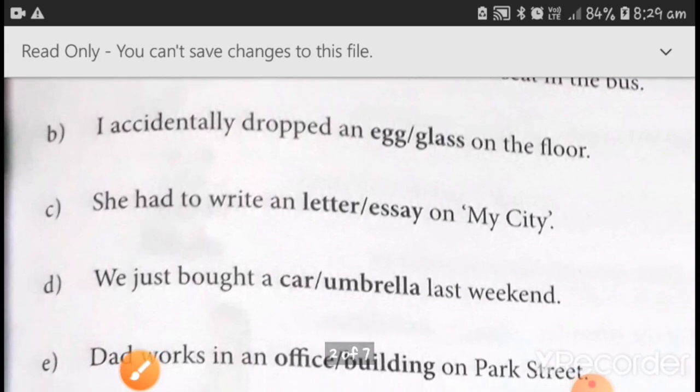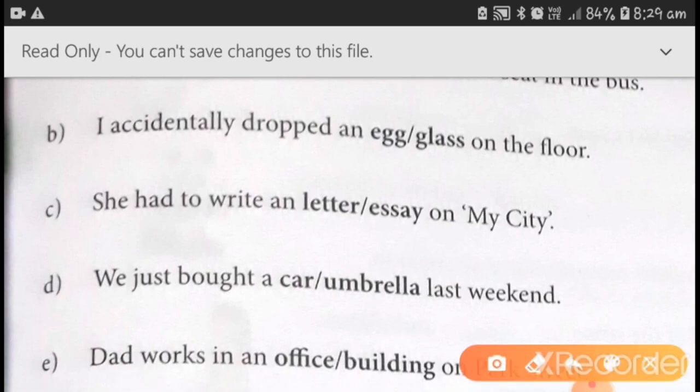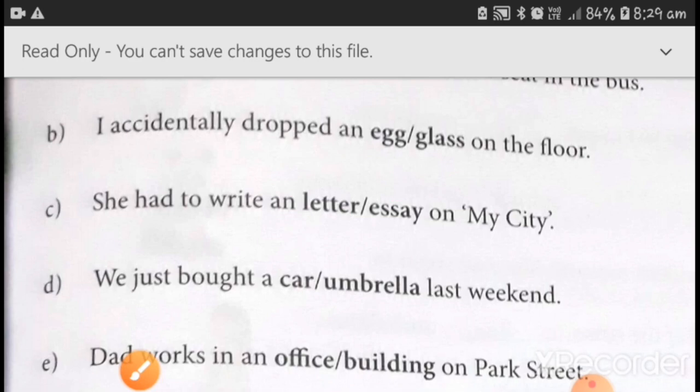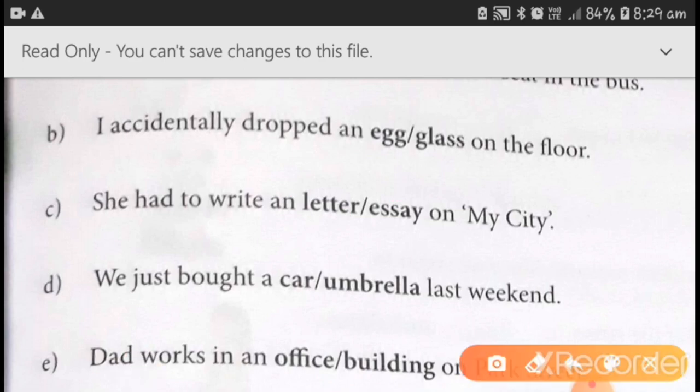Just now we have seen it in the animation. C is: She had to write an letter or essay on my city. So the answer will be an essay. Here letter will be wrong. D is: We just bought a car or umbrella last weekend. Either we have to write car or umbrella. So what is correct? A car.